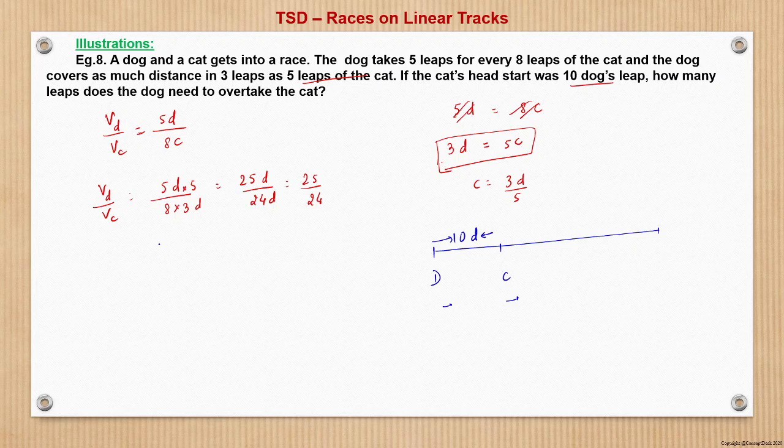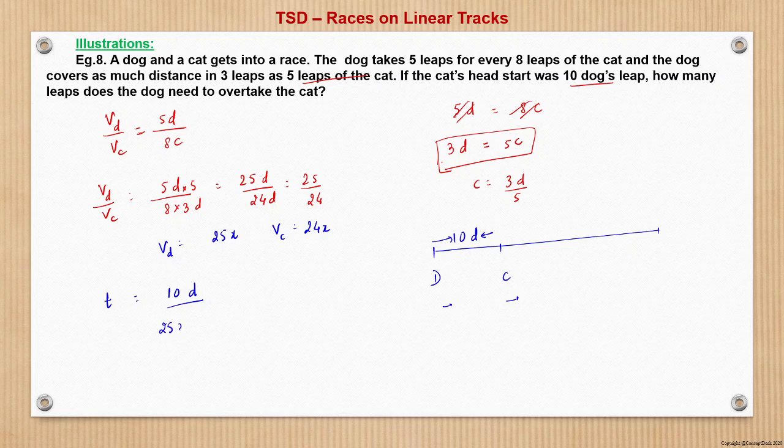So let the speed of the dog be 25x, and the speed of the cat be 24x. So therefore time taken to meet will be 10D upon the difference between the speeds, because both are running in the same direction.